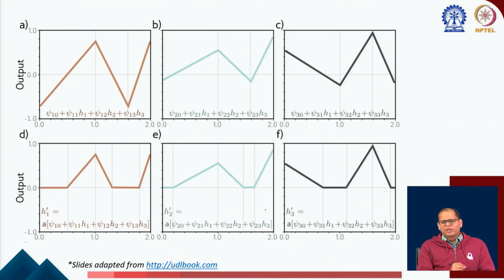Okay. So now you can do the exercise that we did with the shallow neural network. So let's say this is your psi 1 naught plus psi 1 1 h1 plus psi 1 2 h2 plus psi 1 3 h3, and this is for psi 2 naught and this is psi 3 naught. Let's say I have 3 different mappings. Now you apply your nonlinearity.